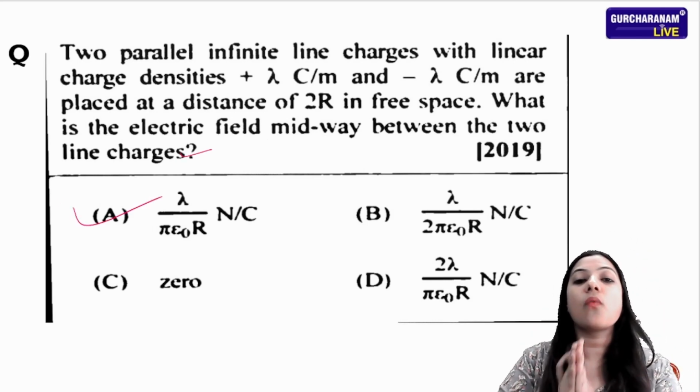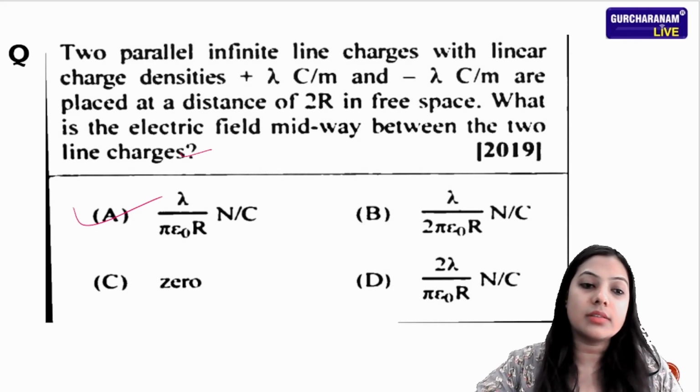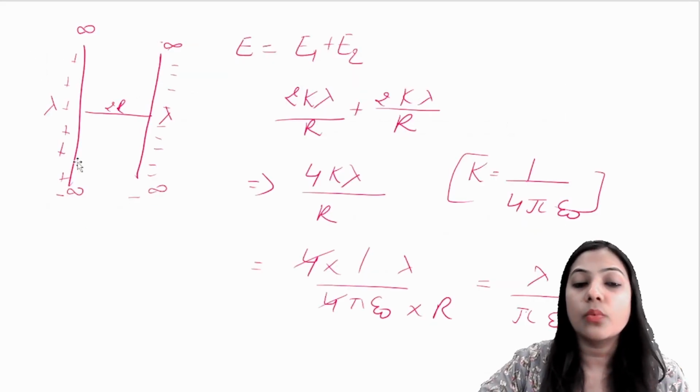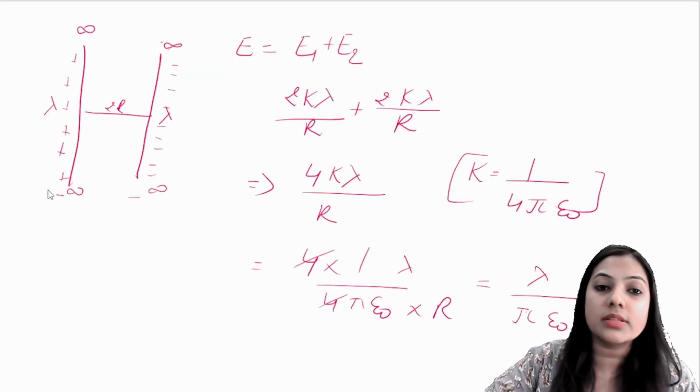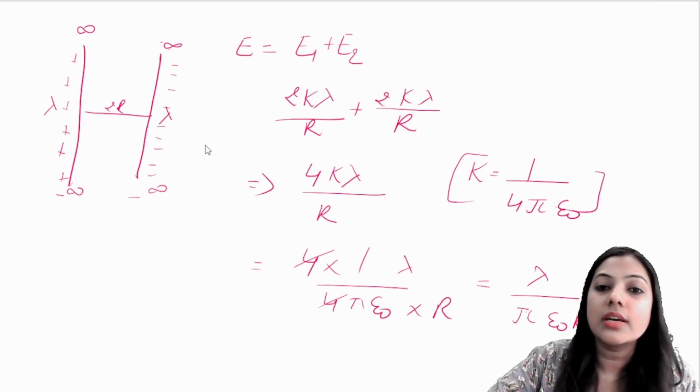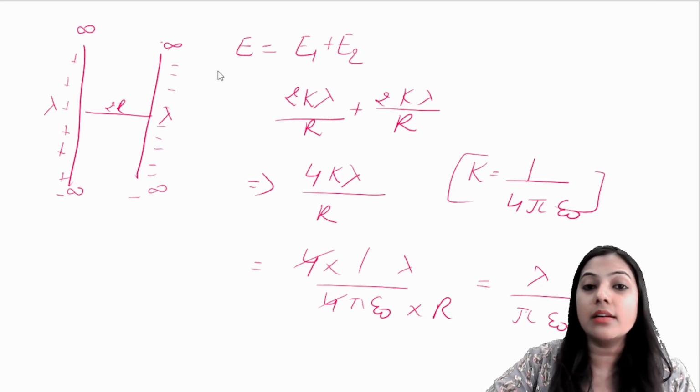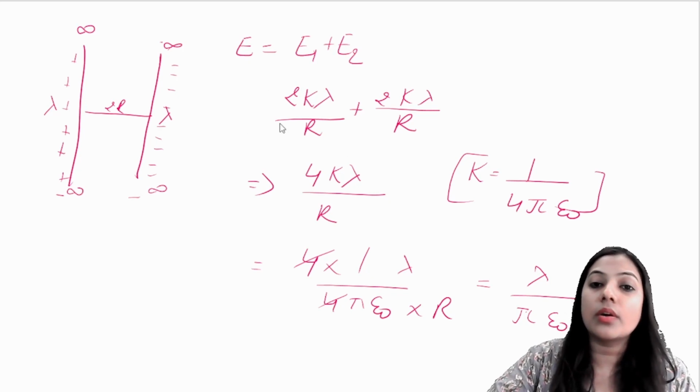Okay, students, what we have done in this slide is take two line charges, one positively charged and one negatively charged, and find the electric field due to both charges.